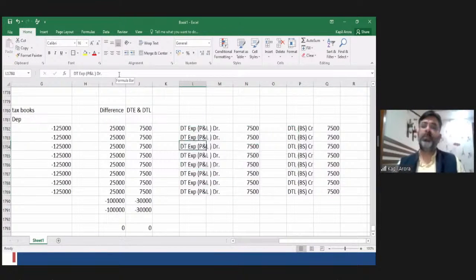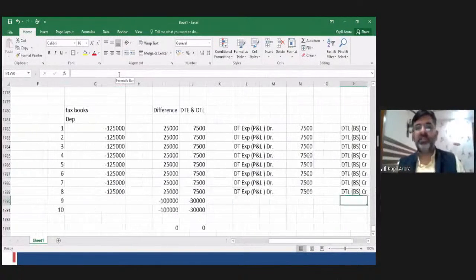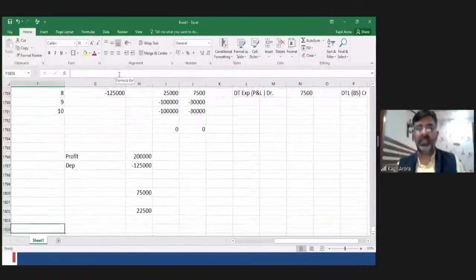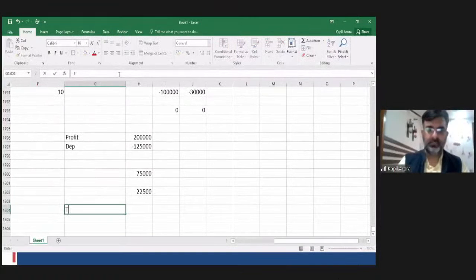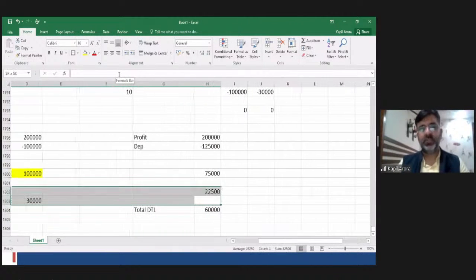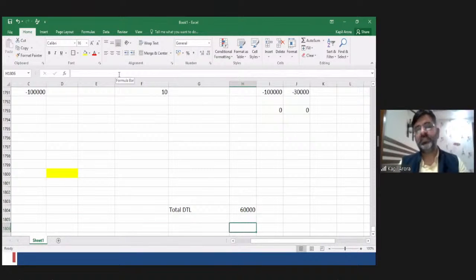But what is going to happen in year 9 and 10? So how much liability would I have in year 8? Total deferred tax liability up to year 8 would be 7,500 into 8, which is 60,000. So I have the total liability of 60,000.